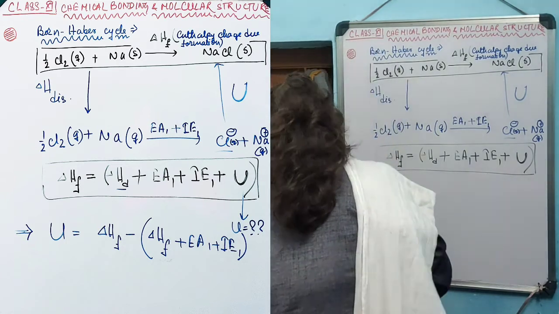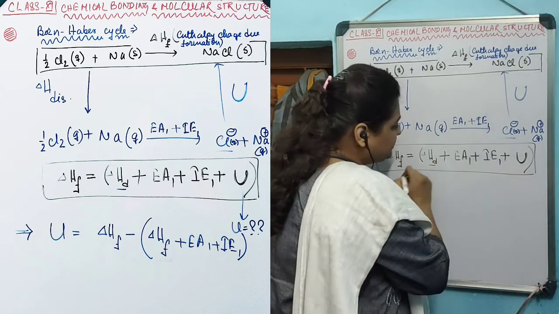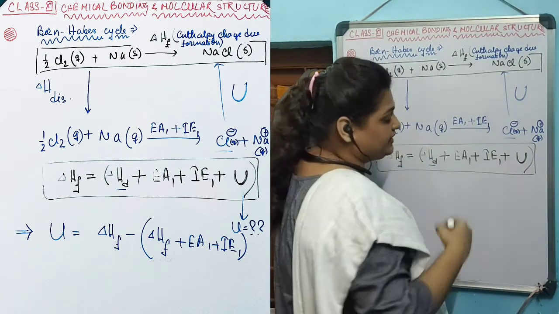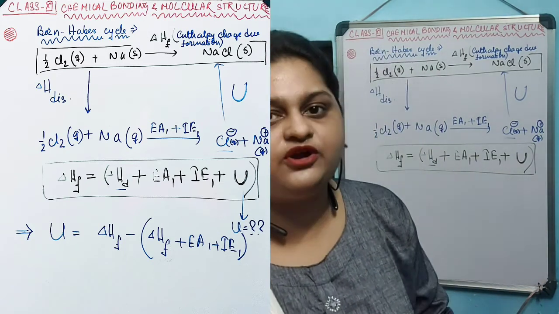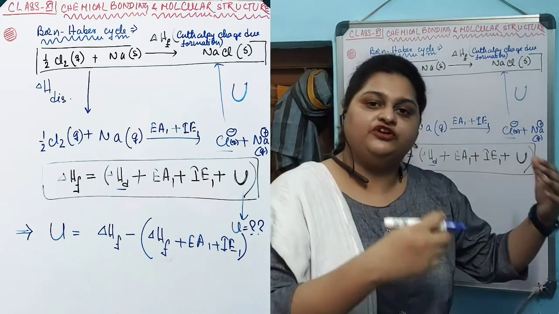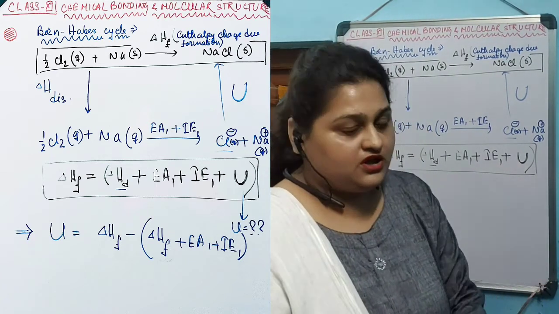Now, delta H formation, delta H dissociation, electron gain enthalpy and ionization enthalpy can be calculated or observed via different methods, but lattice enthalpy cannot be observed directly.